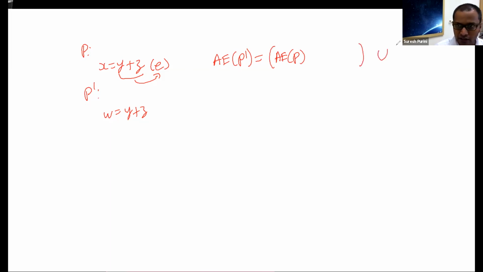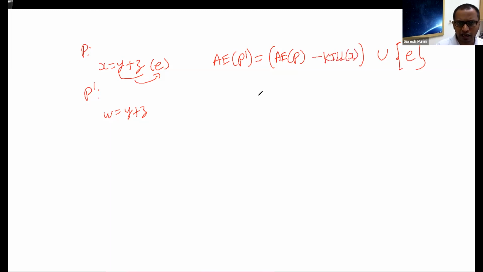And then we will see what this term is. But definitely at program point P prime, the expression E is available. So we take the union of it, and from all the expressions that are available at program point P, we will remove what is called a kill X set.